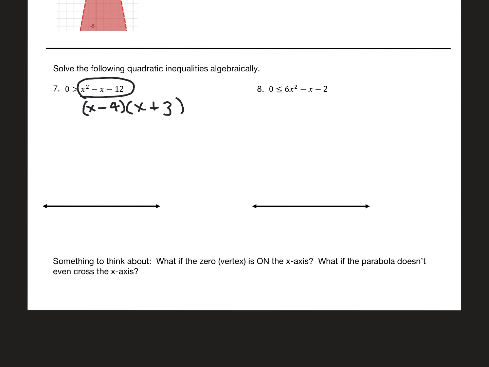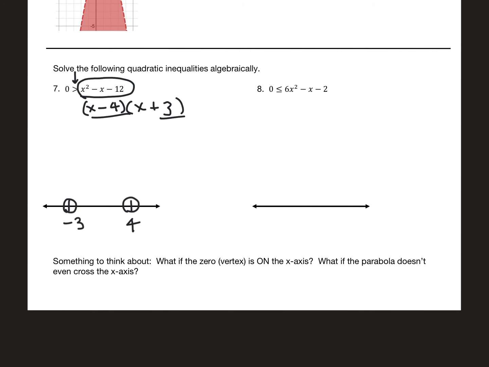So then, I know on this number line down here that something important is happening both at -3 and at +4, because that's what makes these equal 0. All right, I know because this doesn't have an equal sign that these are going to be open circles. Okay, now the question just simply is, where do I shade?